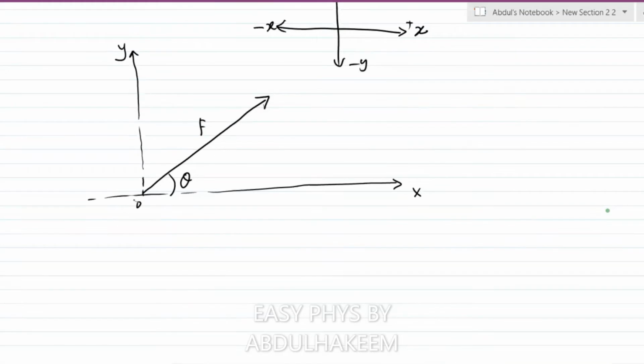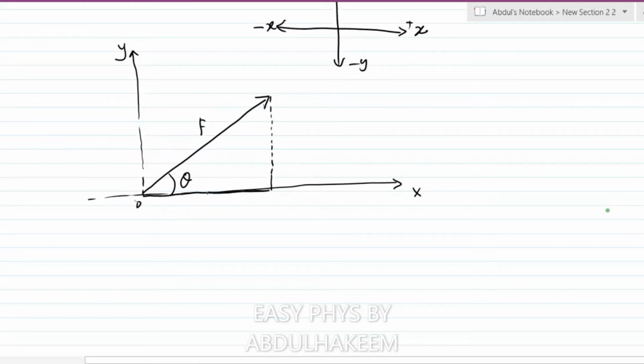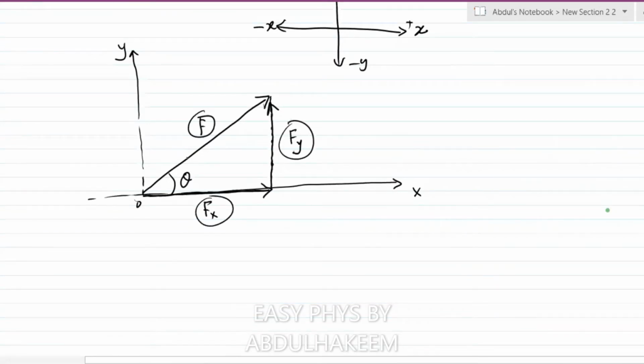It has both an x component and a y component. For this, we will draw a perpendicular on either axis, either x or y, suppose x. Then this portion is called its x component, and this vertical portion is called its y component. So now this F vector is divided into two components. It is resolved into two components.